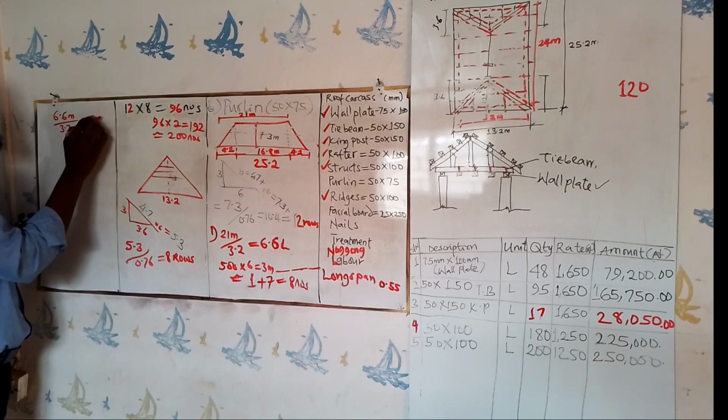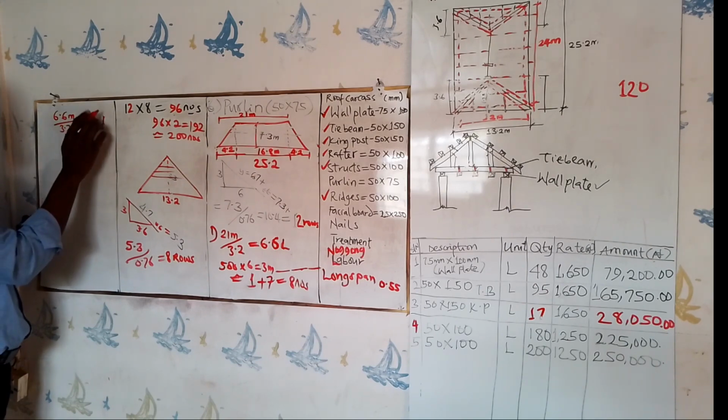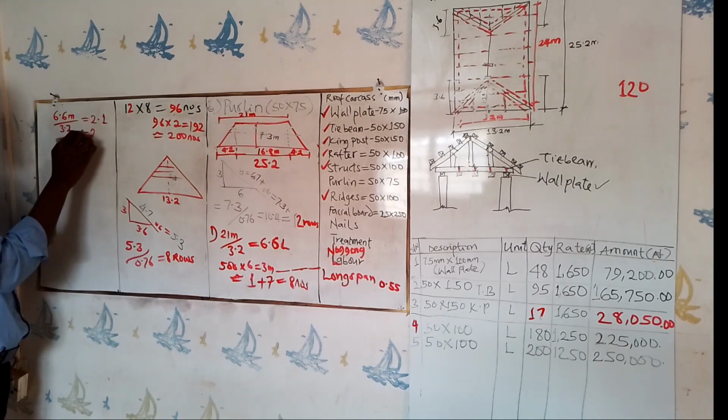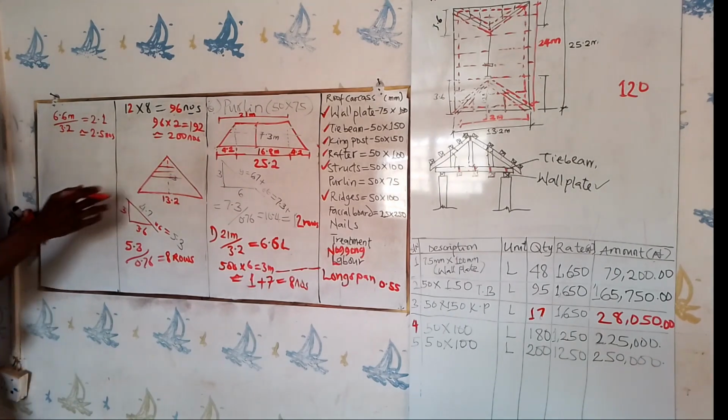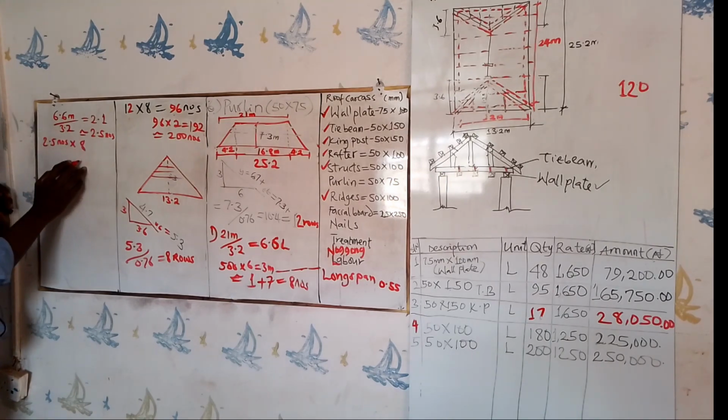We have 2.1. Okay. Let's approximate to 2.5, but there will be 2.1. Approximate 2.5 numbers. So there will be off cut, not off cut in this case. So you now need 2.5 numbers times the number of rows, 8.